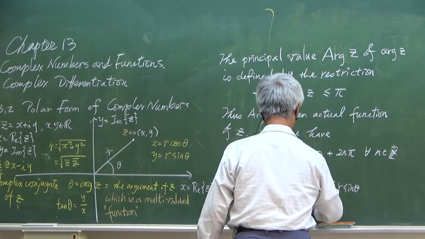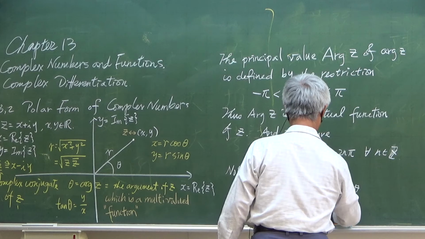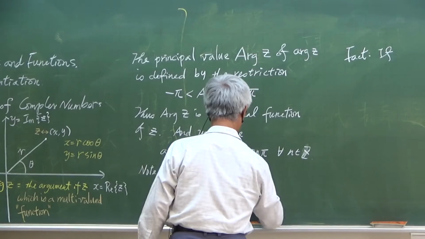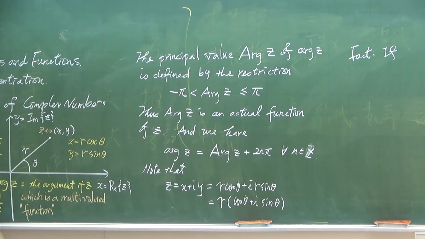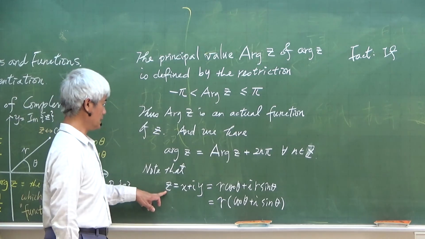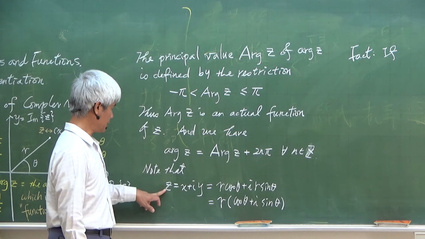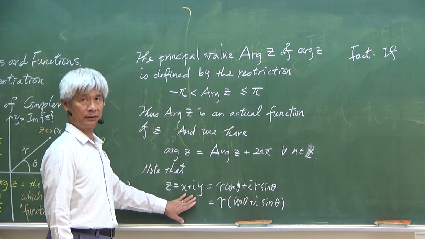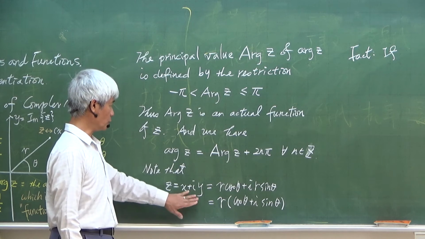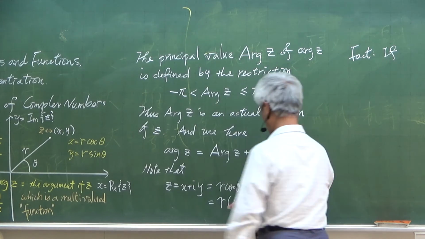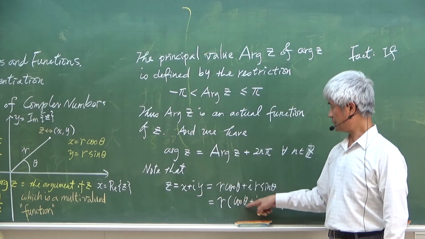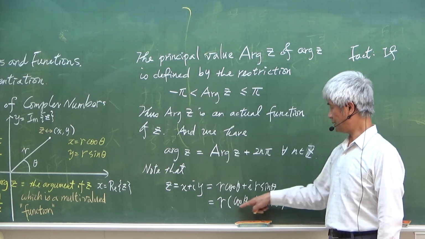So the same z, the same complex number, can be represented in the Cartesian coordinate, or can use the polar coordinates r and theta here.